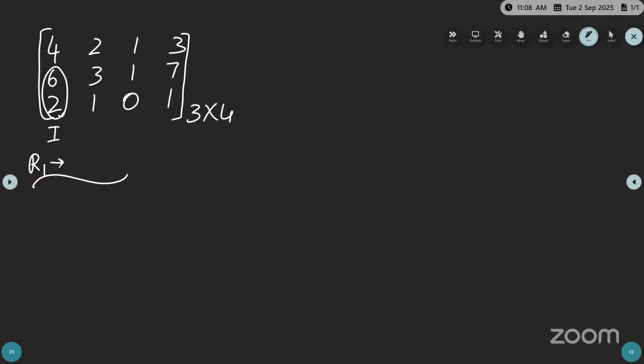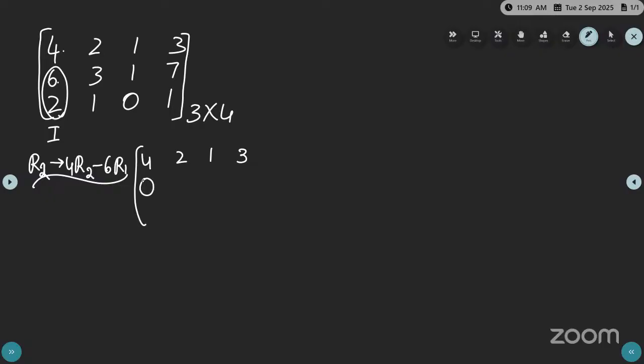R2 implies 4R2 minus 6R1. 4 into R2, 24, minus 6 into 4, 24, 0.